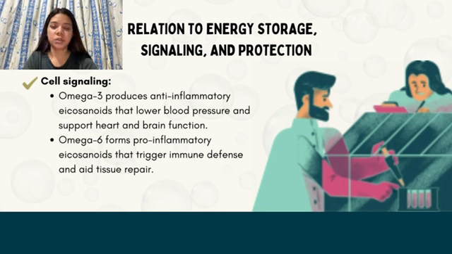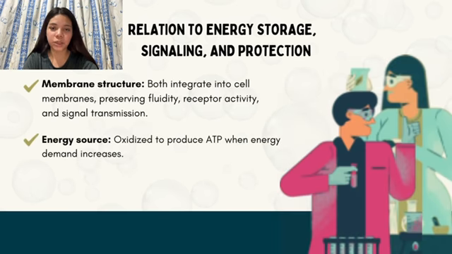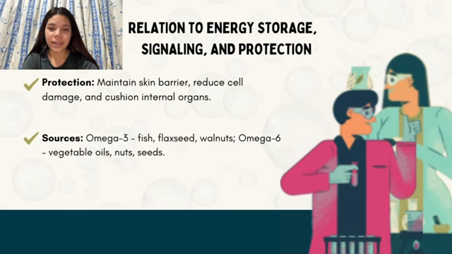Omega-3 and omega-6 produce eicosanoids, which are molecules that regulate inflammation, blood pressure, and immune response. Also, they help maintain membrane structure, keeping cell membranes flexible and allowing nutrients and signals to move properly. Lastly, they play a key role in protection, keeping skin healthy, and safeguarding organs.